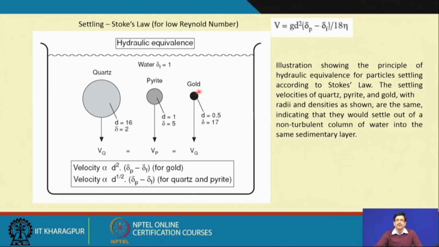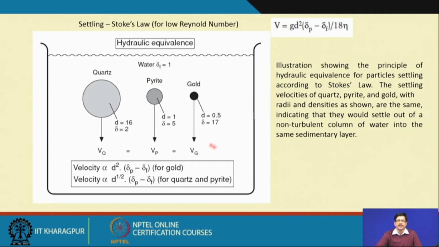settling, for which we can take help of very simple relations, which is a Stokesian relationship, which involves the acceleration due to gravity, the particle diameter, and the difference in density between the particle and the fluid. So that's written by del rho P and del rho F, and eta is the viscosity.